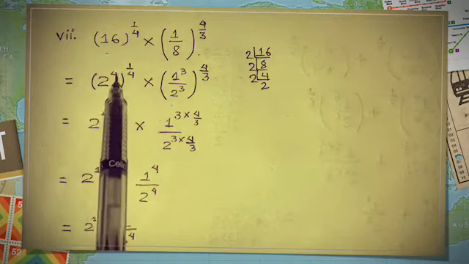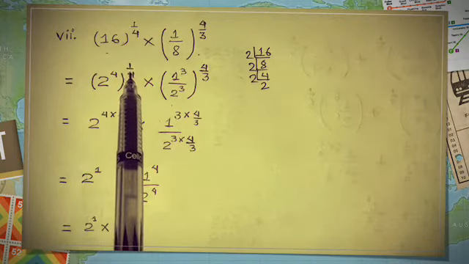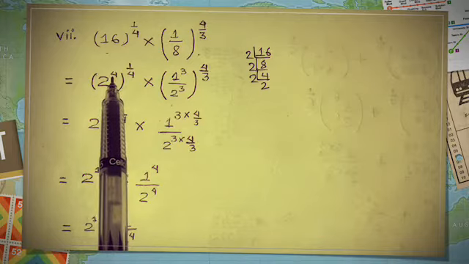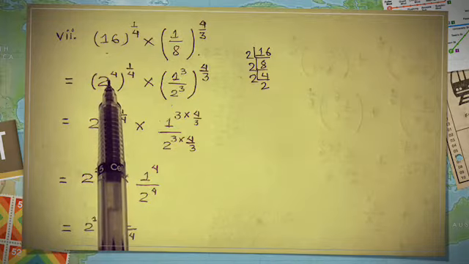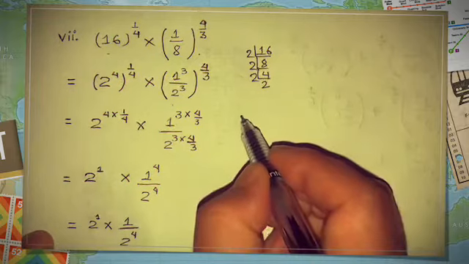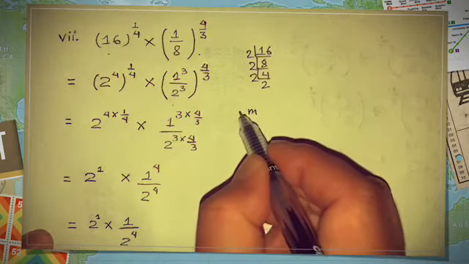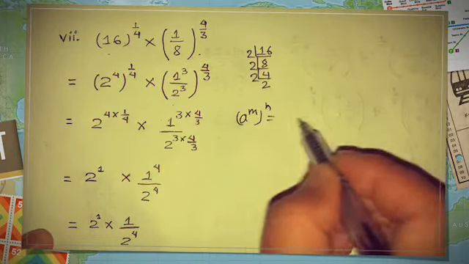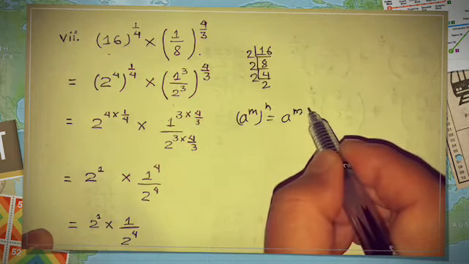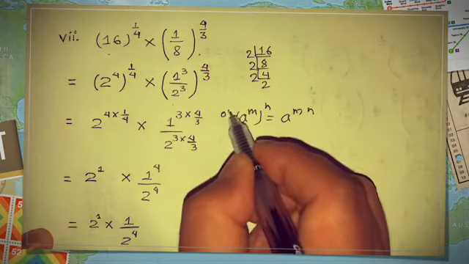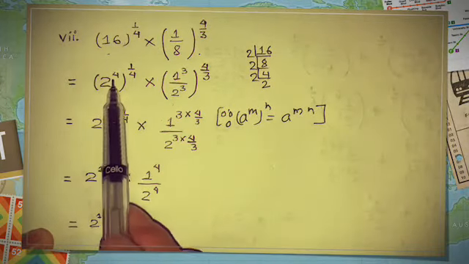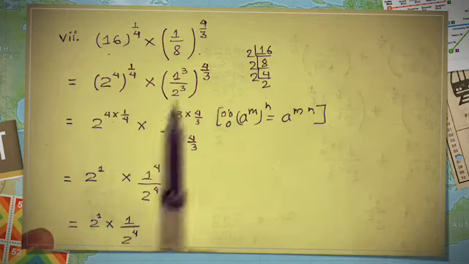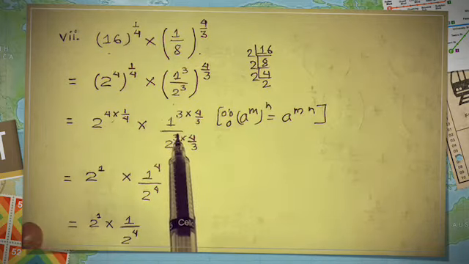After that, here this power is raised to this power. So according to the law of raising a power to a power, the powers are multiplied. This rule is applied here. Here this power and this power are multiplied, and the same thing is done here.